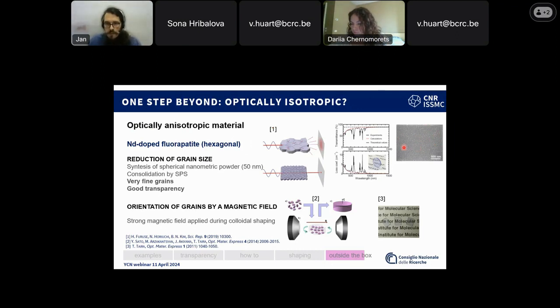We obtained samples by uniaxial pressing, cold isostatic pressing, and vacuum sintering. And here we see the microstructure of these samples. In the first case, the microstructure is uniform and defect-free. We can't see any porosity or secondary phases. While in the second case, the microstructure is quite porous.